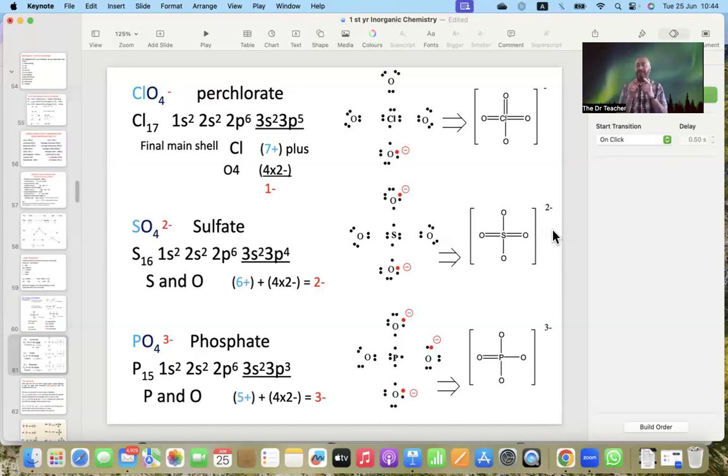Because the sulfate has a 2- overall charge. So when you have 2 minuses, I need to react with 2 hydrogens. So H2SO4 is the structure. You can't find HSO4.